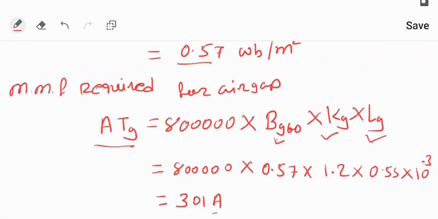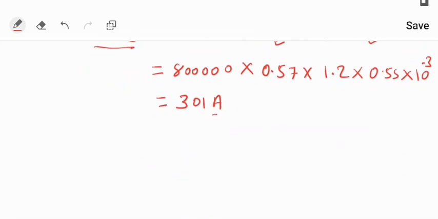Then after finding the MMF required for air gap, we move towards the MMF for iron parts.